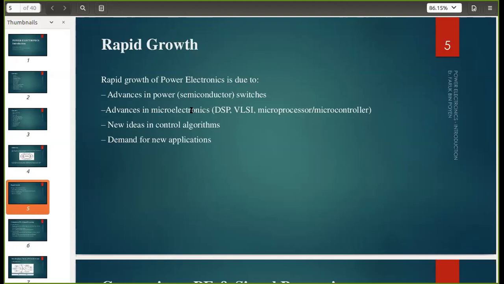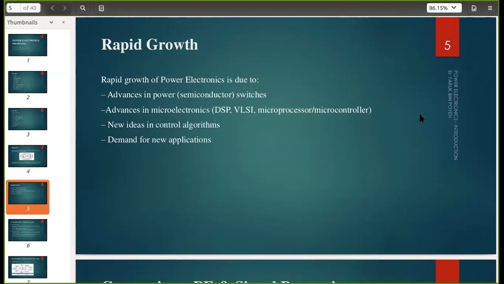Other than that, there are new ideas in control algorithms. Algorithms are nothing but the steps, as in C language. You know what we mean by algorithms. Programming is different, algorithm is different. Then there is demand for new applications.